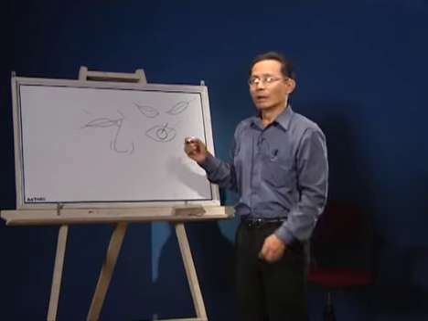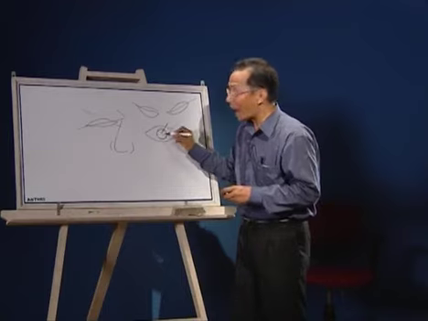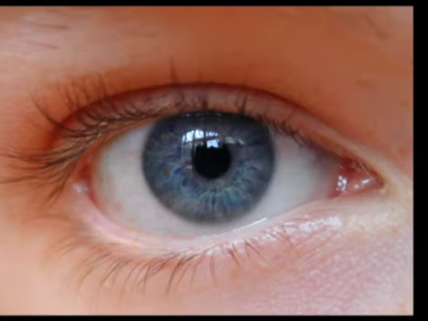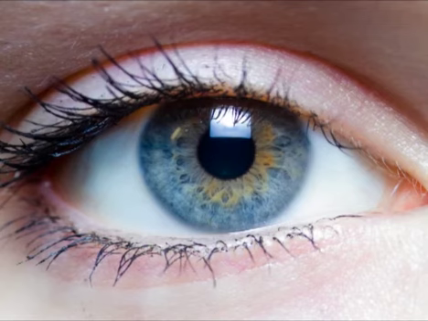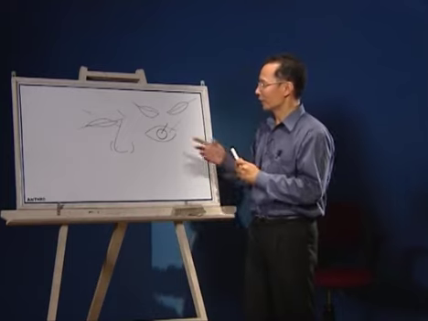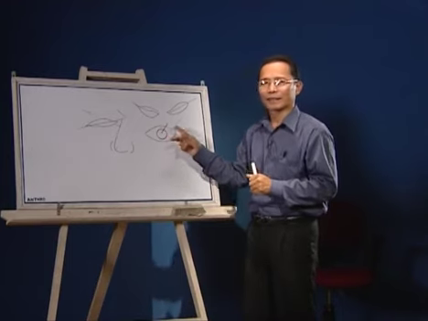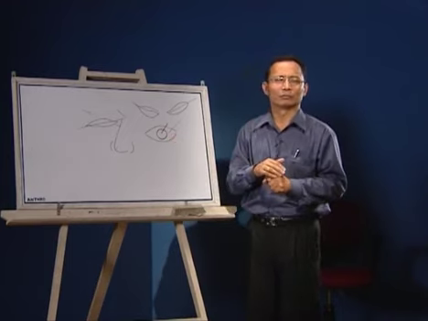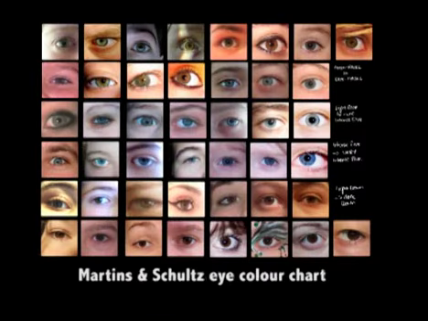So, for iris, we have black, then brown, dark brown, light brown, greenish gray, then dark gray, then blue, dark blue, light blue, then crimson red. This classification of different eye color is based on Martin's and Seller's scheme.